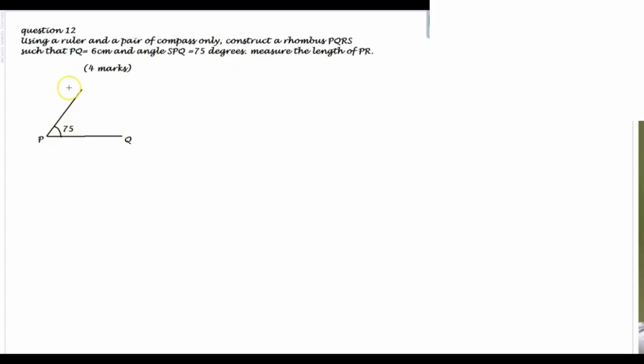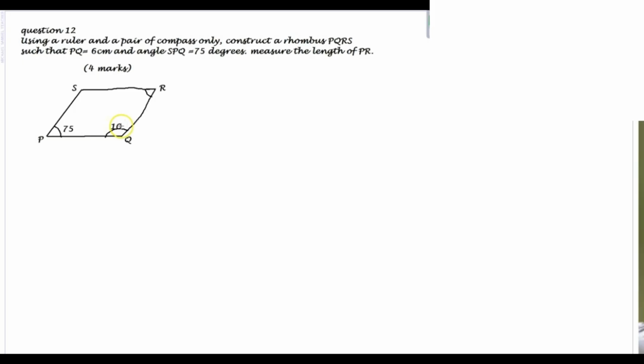So here the vertex is S, and then R, so join this, and that's where we are going to have R. So PQRS. So this angle is also 75. This angle here is 105.